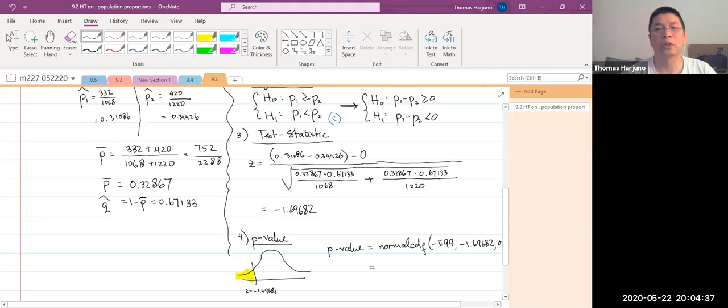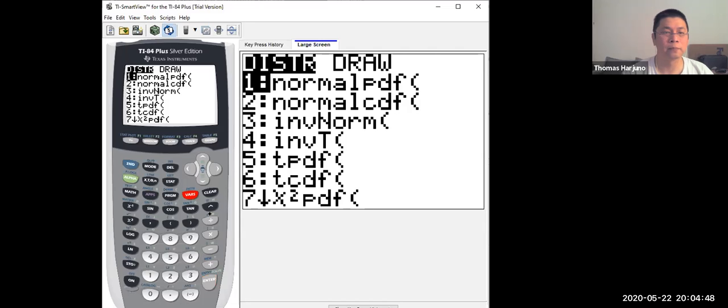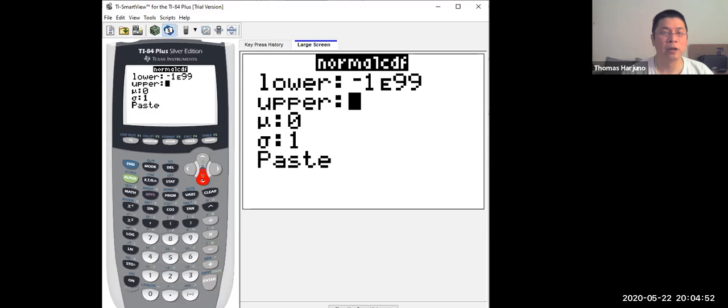Let me go back to our calculator. I want to use this result here. So normal CDF, negative E99, the upper is my previous answer, right? And then my mu 0, my sigma 1.